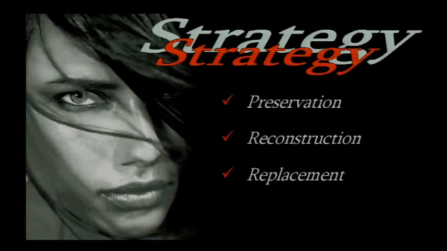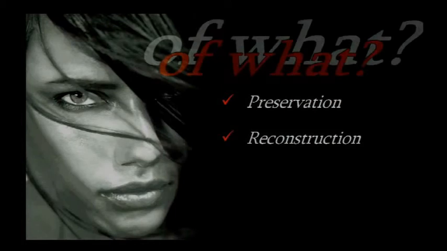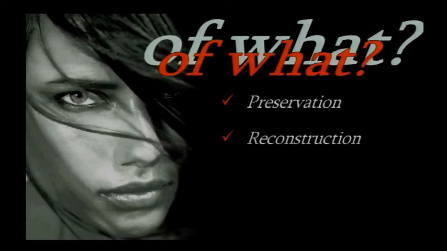As I limit myself in this lecture to single tooth replacement, most of the time I will be able to completely reconstruct the missing tissue, so replacement is not an option. I don't work with pink porcelain in single tooth replacements. So these are the 2 options, preservation and reconstruction, and I will give you now some clinical examples.